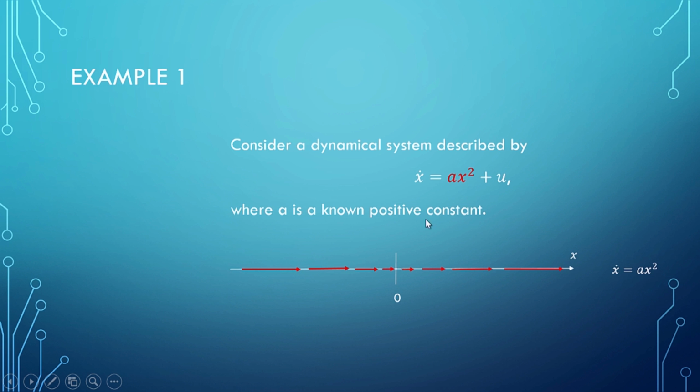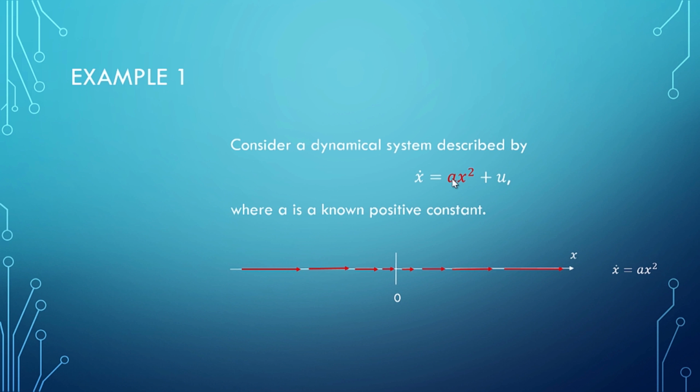So the next question is how we can design the controller to stabilize this system, to change the phase portrait, and make every solution converge to the origin. Again, A is a constant, but usually in a physical system, we will call it the parameter of a system.